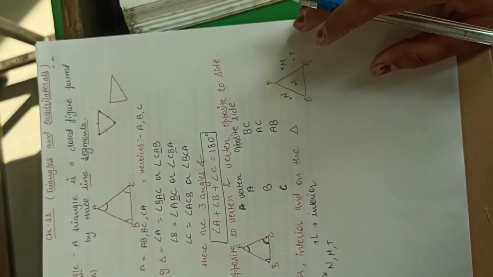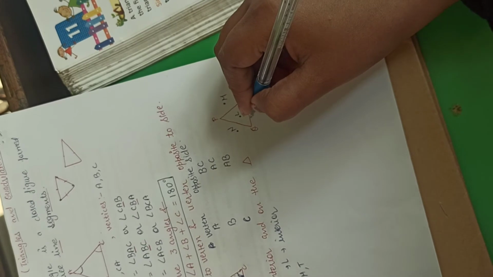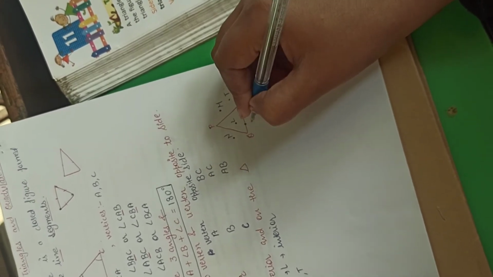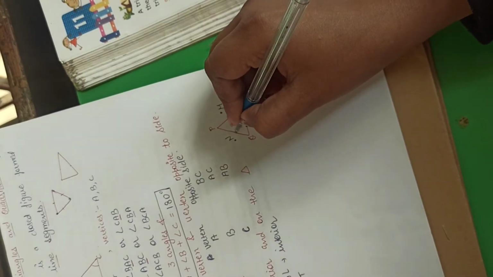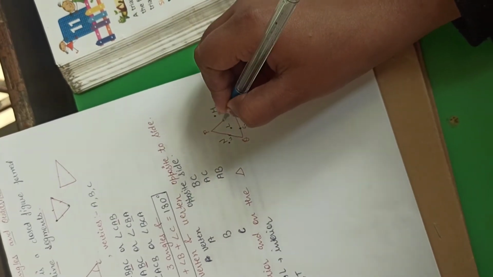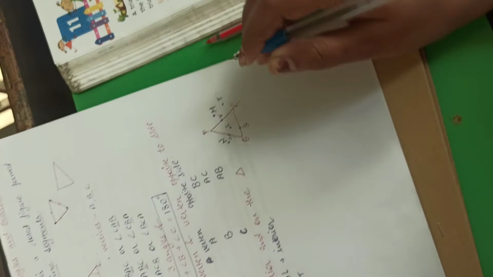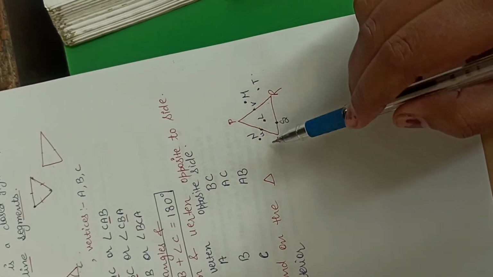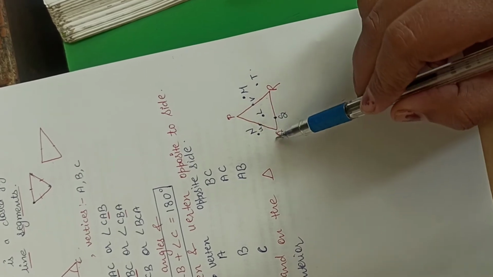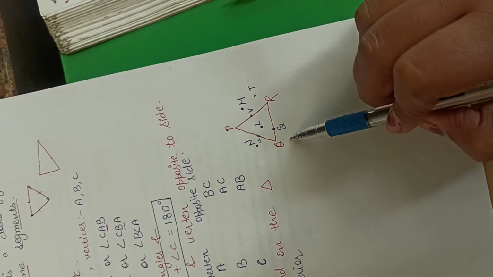Next is on the triangle. So here, if I put the point like this, S, U and V. So students, see, these all points lie on the side of the triangle, right?